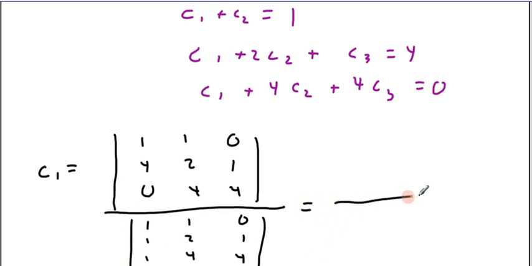And so we'll look at the bottom first. I have an 8, I have a 1, and I minus, there's a 4, there's another 4, so that's an 8.